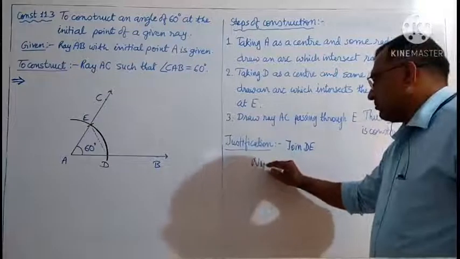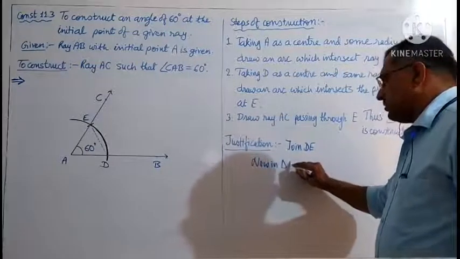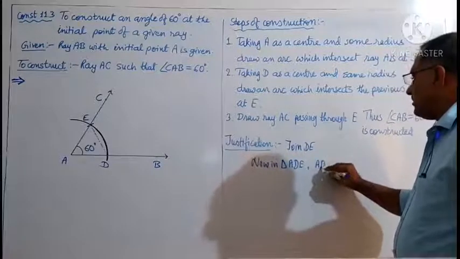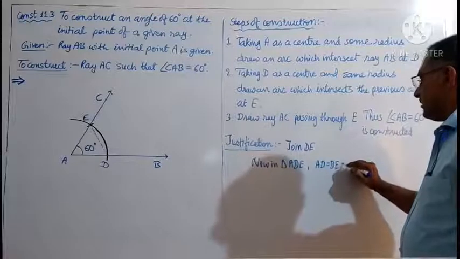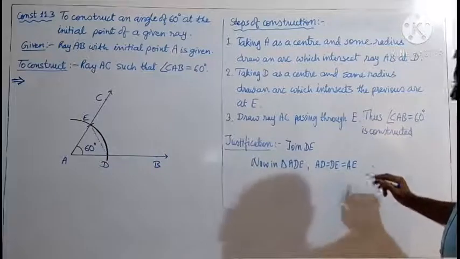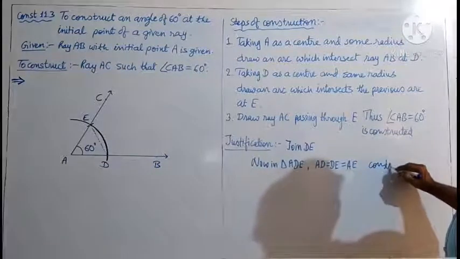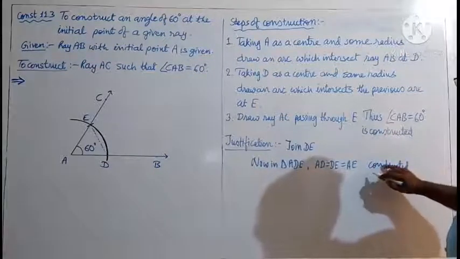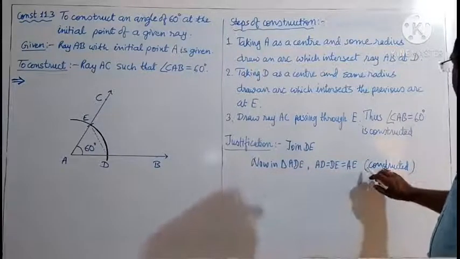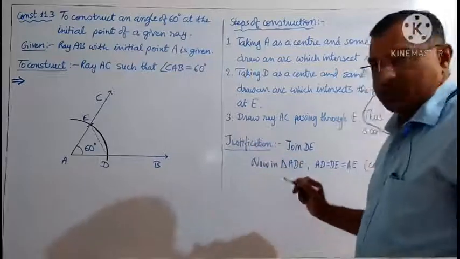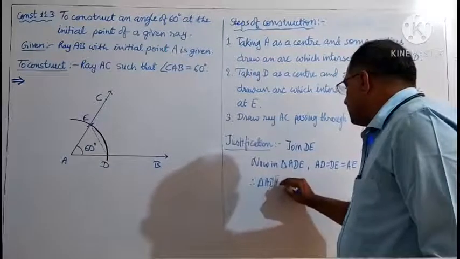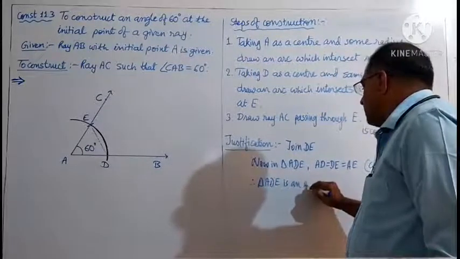Now, in triangle ADE, here AD is equal to DE is equal to AE. All are same by construction, we have constructed with the same radius, so they are equal. Therefore, triangle ADE is an equilateral triangle.